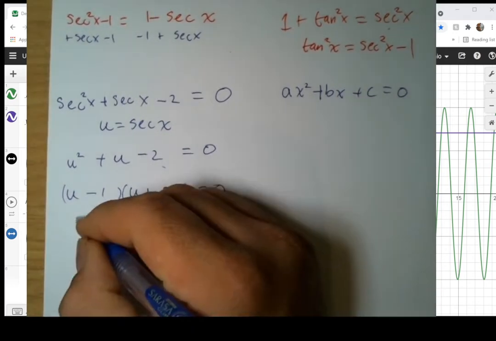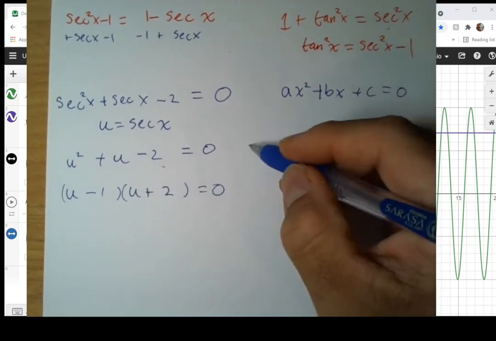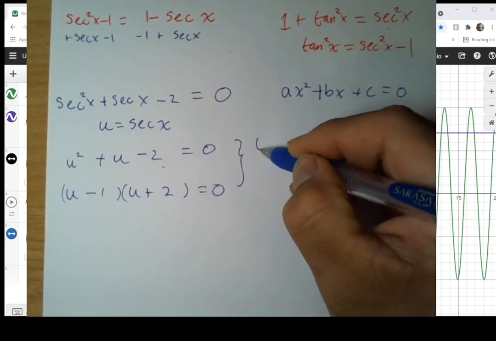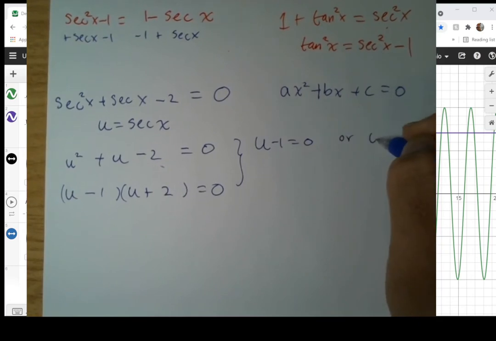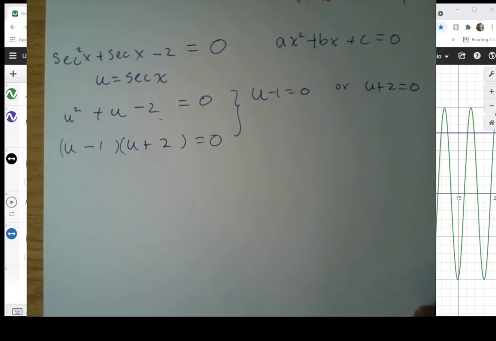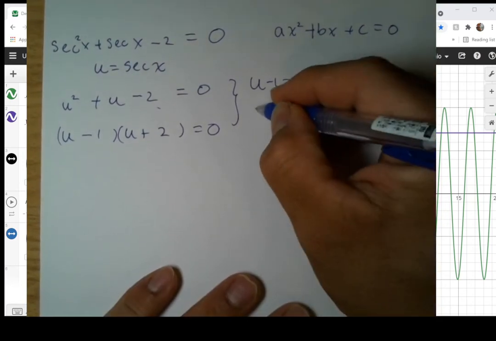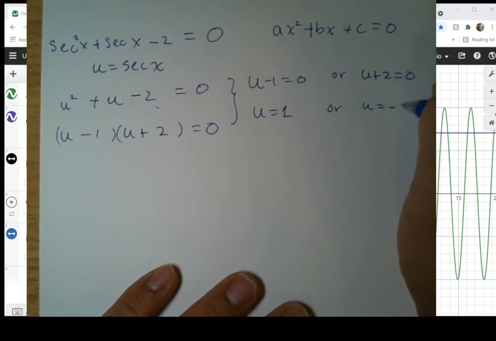Now we have a product equal to 0. So what must be true here? Either u minus 1 equals 0, or u plus 2 is equal to 0. So u equals 1, or u is equal to negative 2.